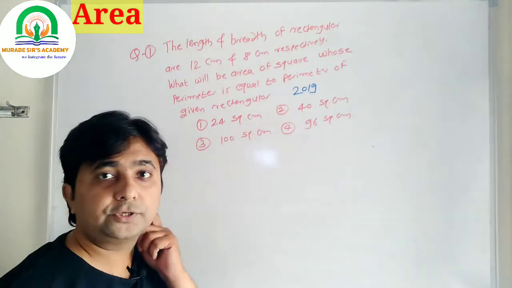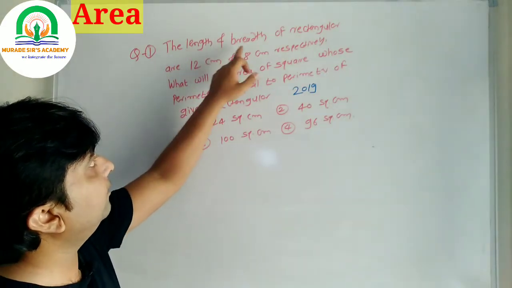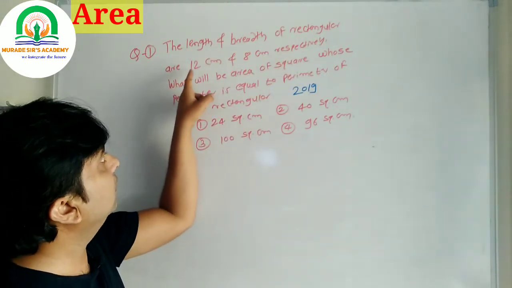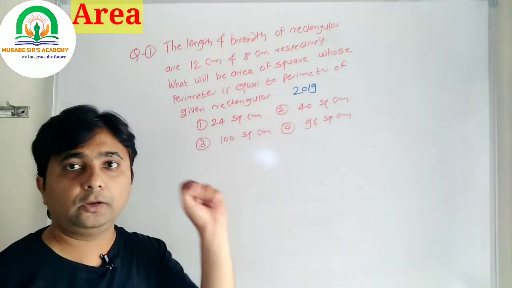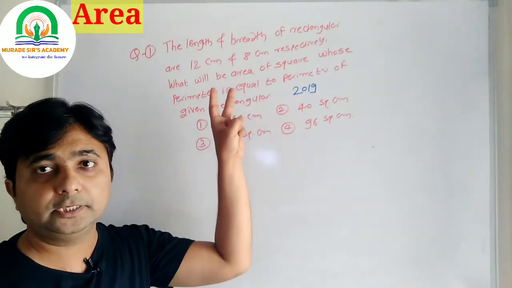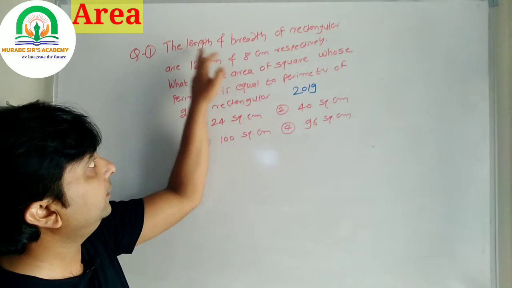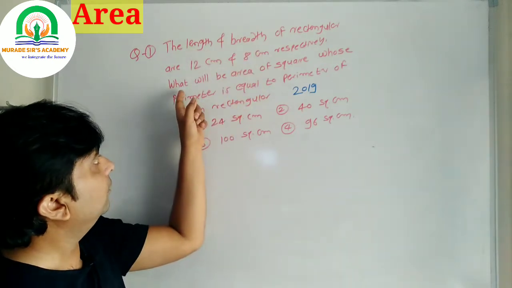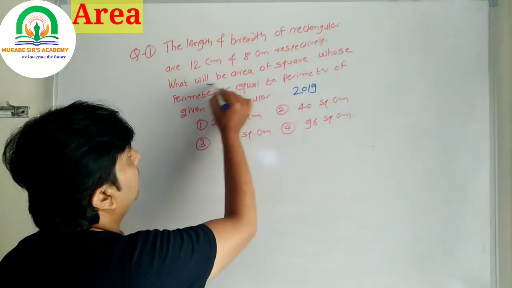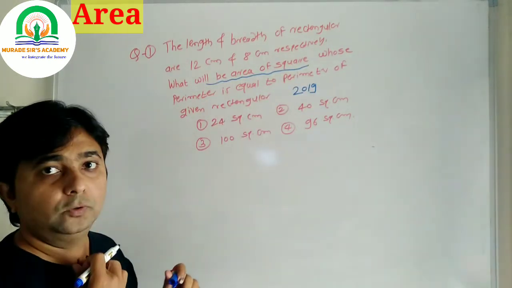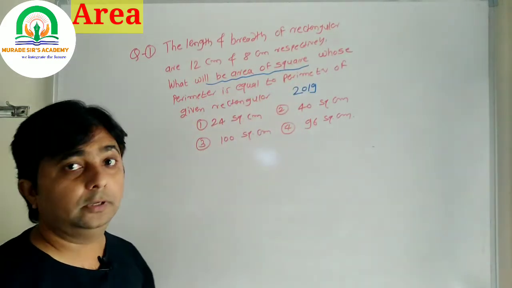Now the questions from the previous paper. First question: the length and breadth of a rectangle are 12 centimeter and 8 centimeter respectively. Respectively means the first value is the length and the second is the breadth. What will be the area of a square whose perimeter is equal to the perimeter of the given rectangle?